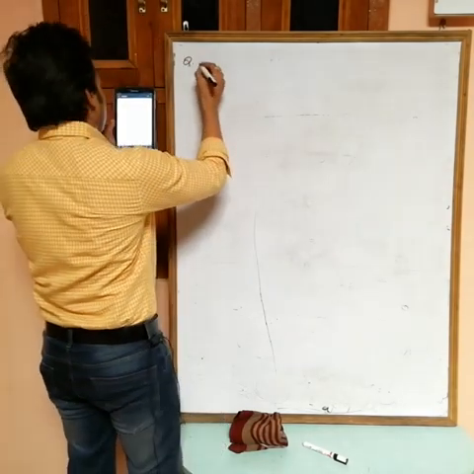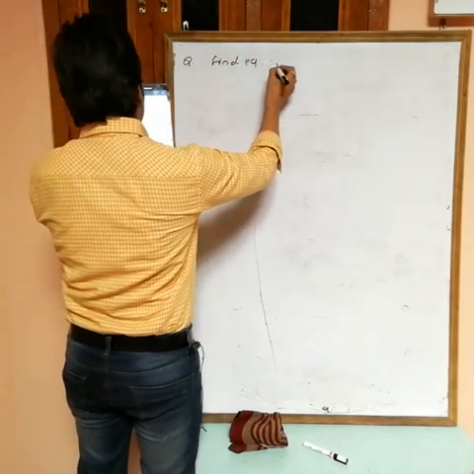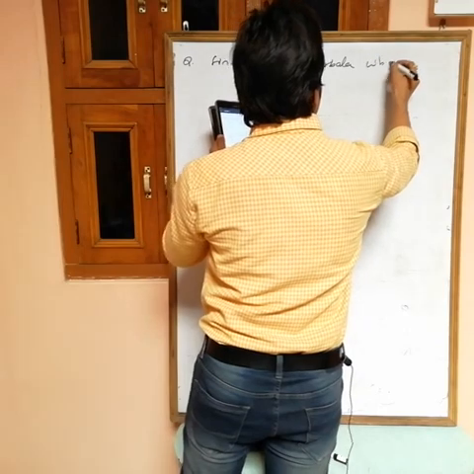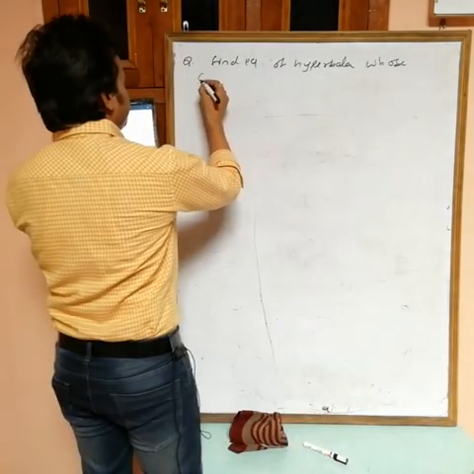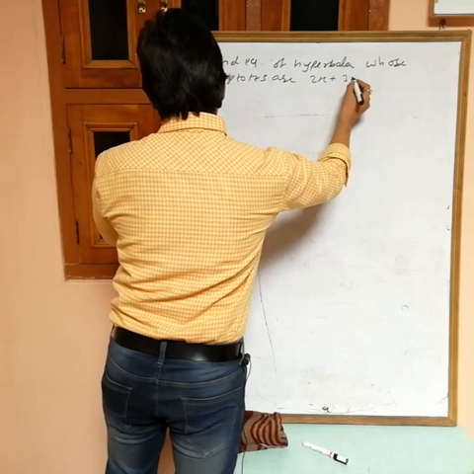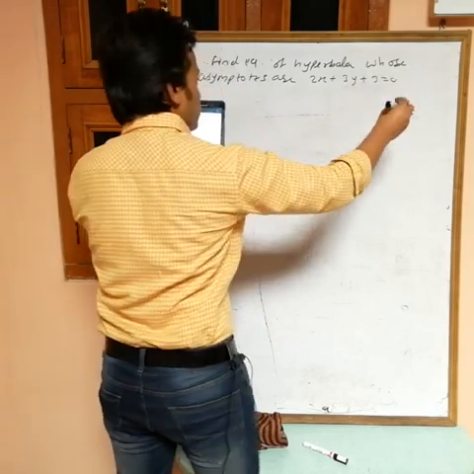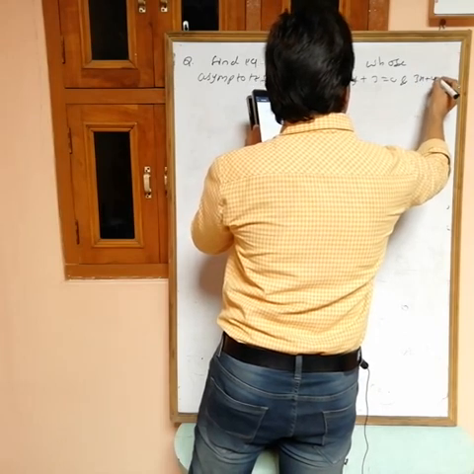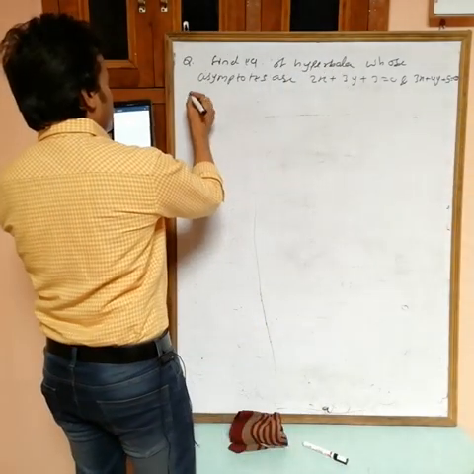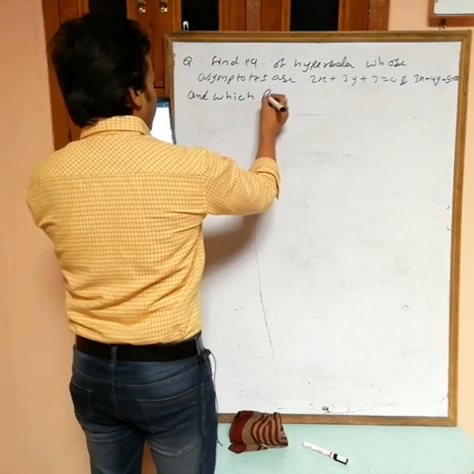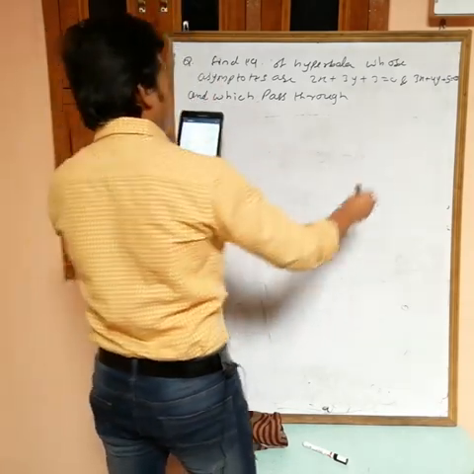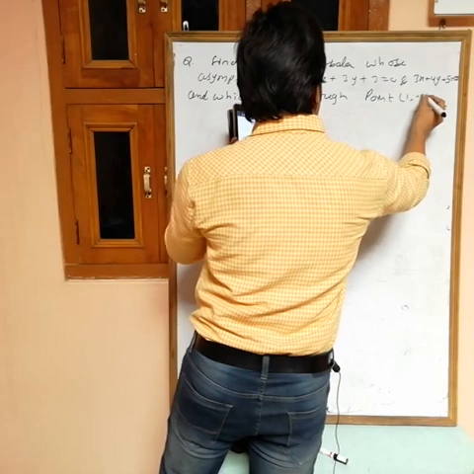Okay, write a question. Find the equation of the hyperbola whose asymptotes are 2x plus 3y plus 3 equals 0 and 3x plus 4y plus 5 equals 0, and which passes through the point (1, -1).